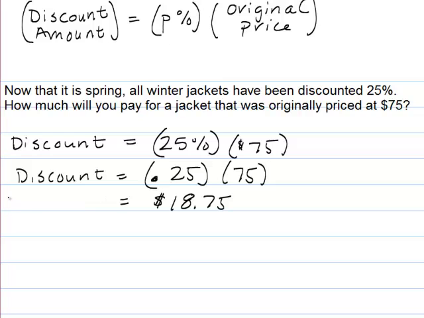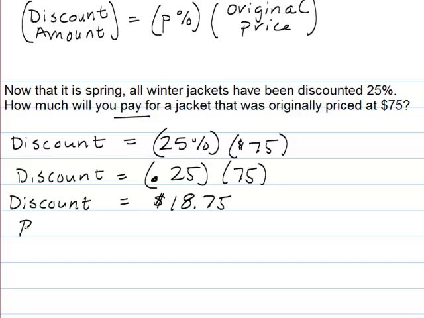But this is the discount amount. This is the amount that you're going to get off. Is that what we were looking for? How much will you pay for the jacket that was originally priced at $75?